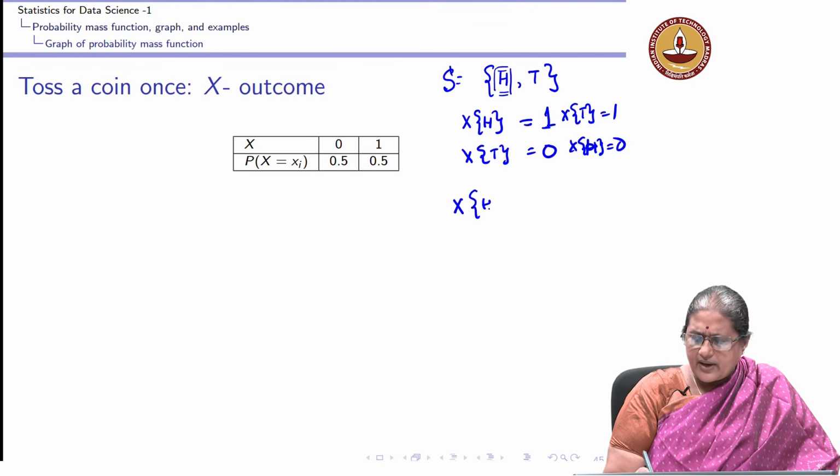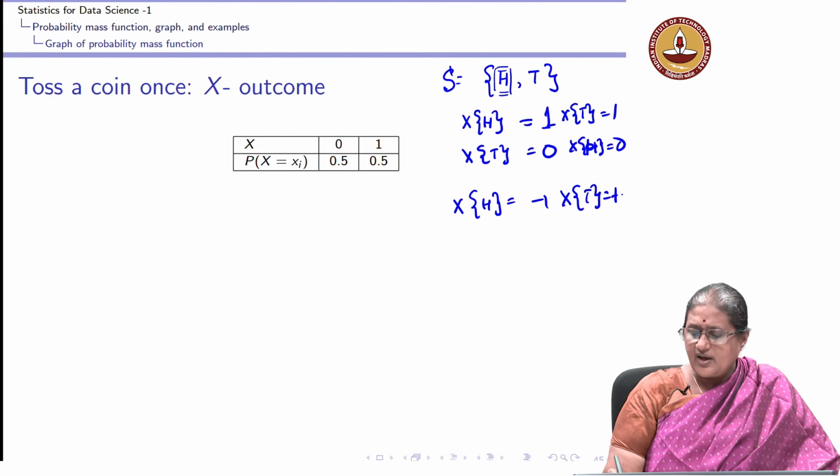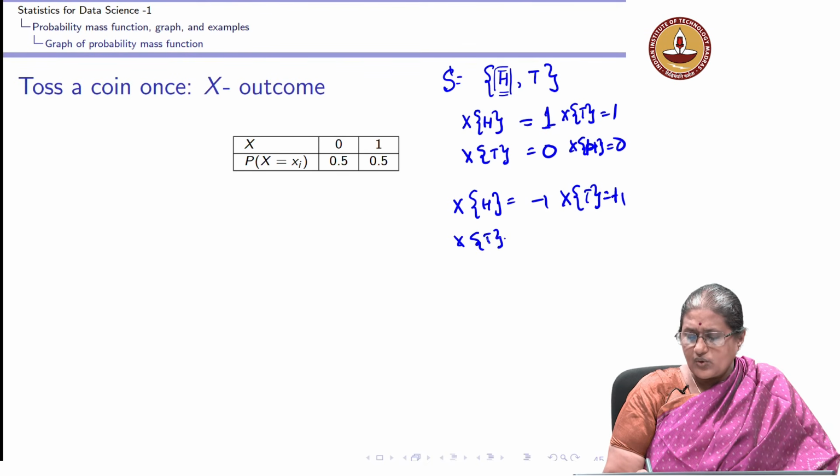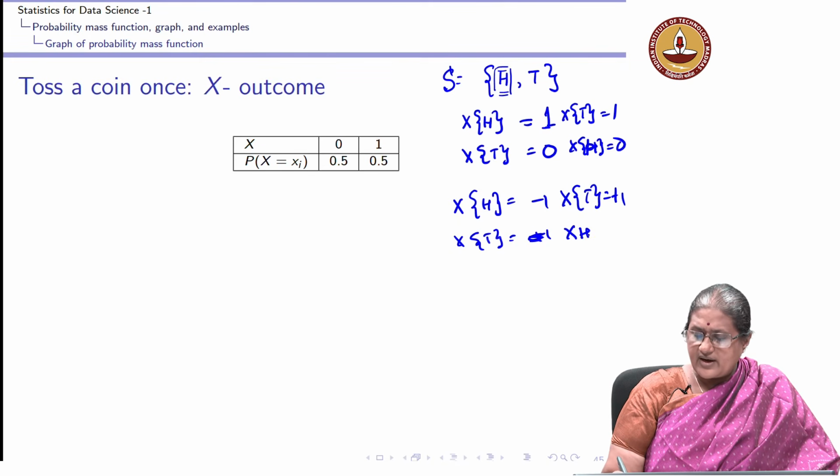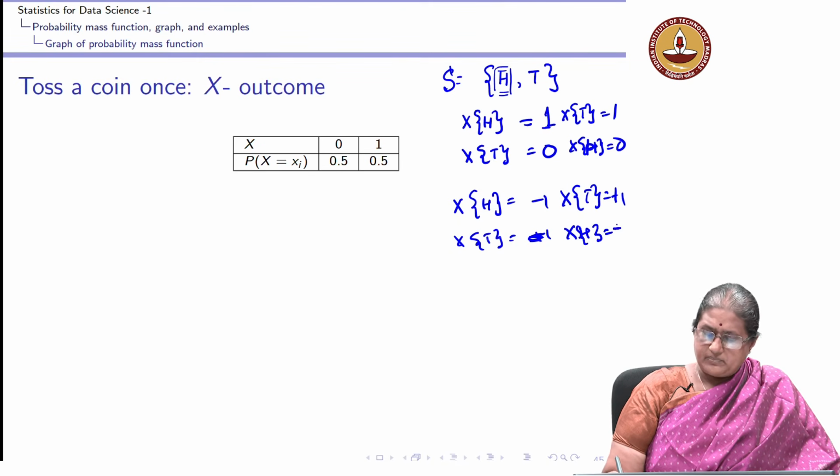Can we map head to -1 and tail to +1, or tail to -1 and head to +1?